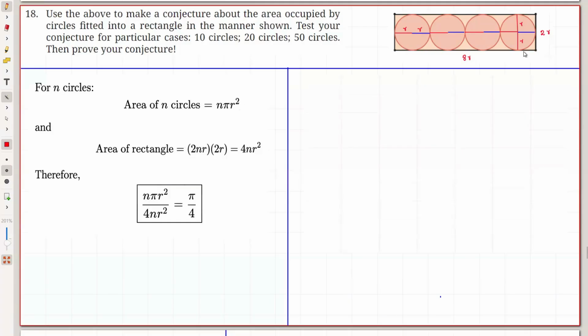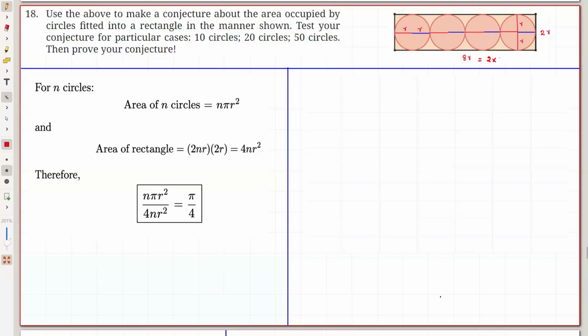Next, how to find the area of the rectangle? The area of the rectangle is length into breadth. For example, for this rectangle, how can we write the length? 2 into 8r we have taken, this can be written as 2 into n, where n is the number of circles.